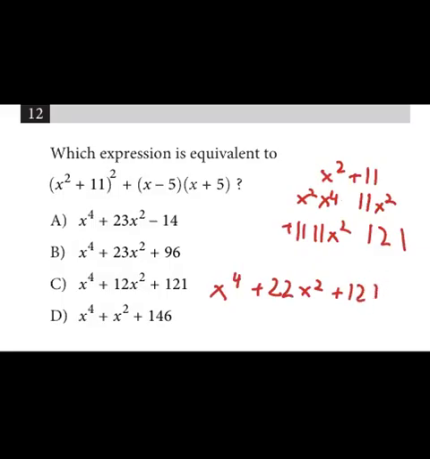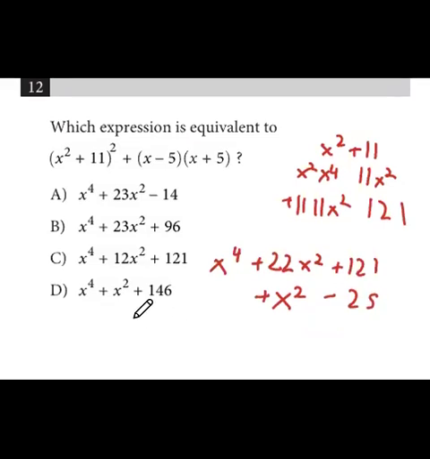And then we have to multiply this out. So (x minus 5) times (x plus 5) is just going to be x squared minus 25. So we have x to the fourth, 22x squared plus x squared is 23x squared, and 121 minus 25 is plus 96. So the correct answer is B.